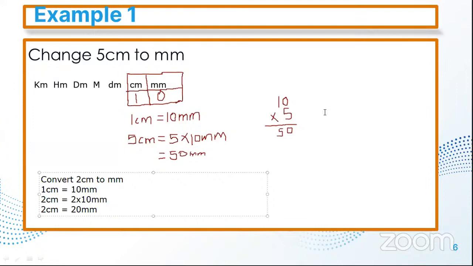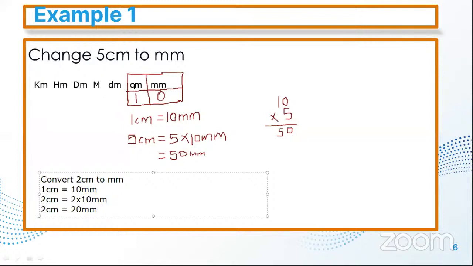So members, that is how we change from centimeters to millimeters. Remember, centimeter is bigger than millimeter. You can see it from the conversion rate that we have got. I told you the biggest begins with the kilometers, followed by hectometers, followed by decameters, followed by meters, followed by decimeters. Then the smallest becomes millimeters.